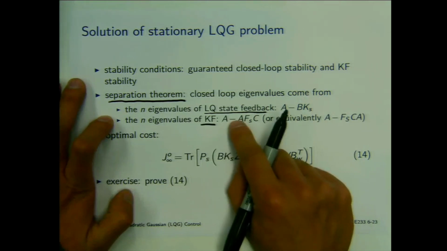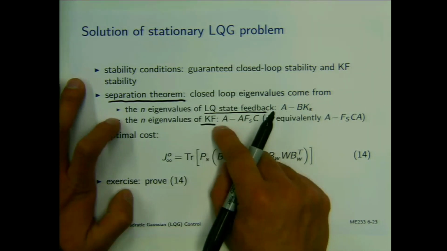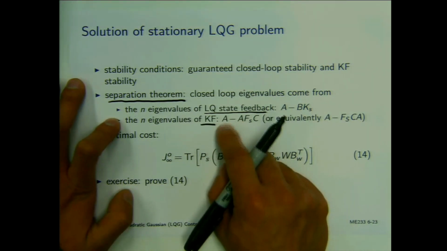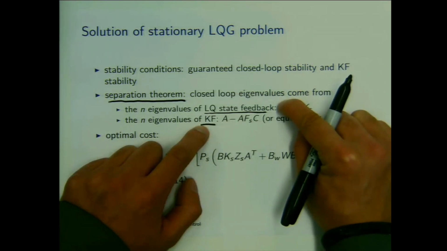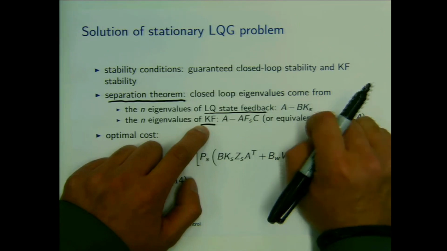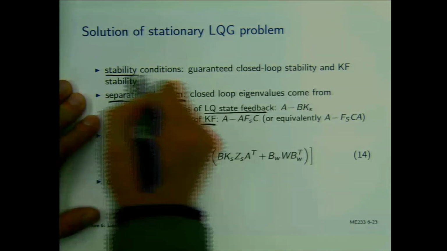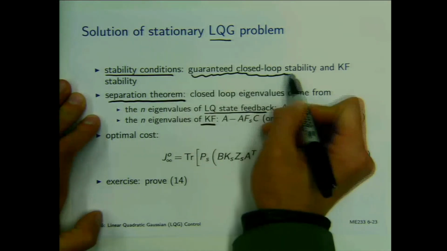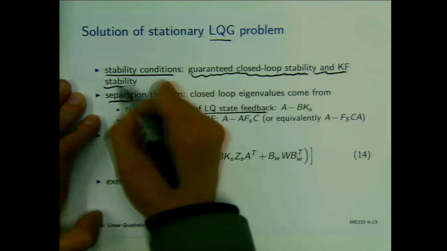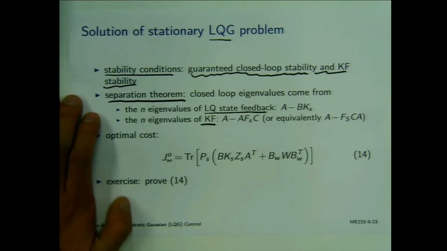We have just explained that the Kalman filter in the steady state is stable. So this dynamics is stable, and this dynamics is also stable because of its optimal LQ control. So for the LQG problem, we have guaranteed closed loop stability and Kalman filter stability. The system as a whole is stable.